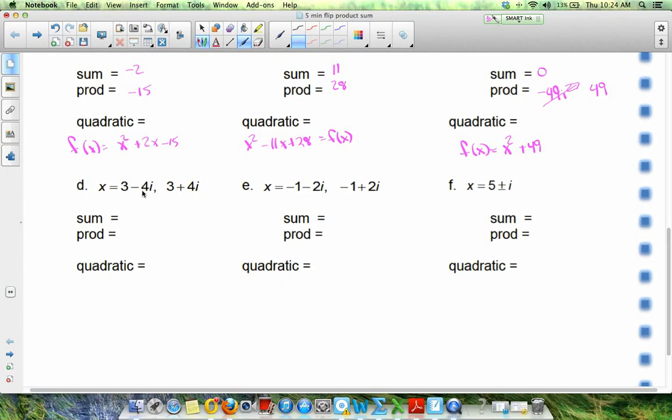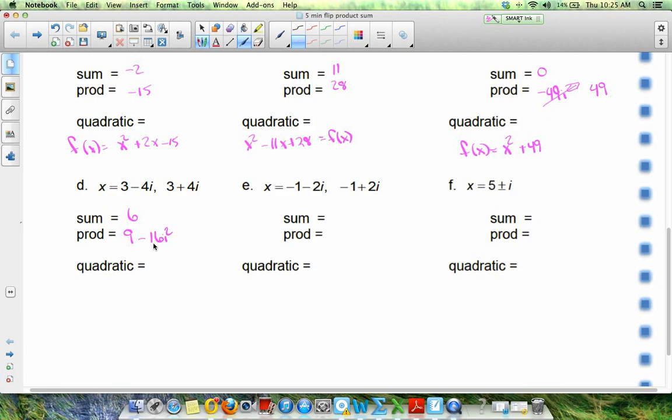Now we're going to deal with a complex. So the sum of this, I'm going to have 6 and then plus 4i minus 4i, those cancel. Then when we product, I just do a quick FOIL. That's going to be 9 minus 12i plus 12i, which cancels, minus 16i squared.